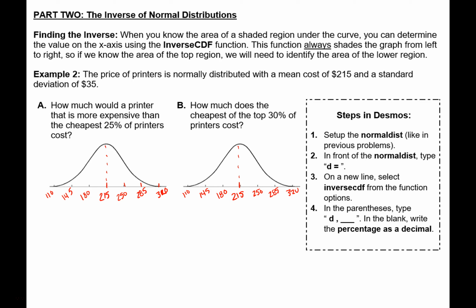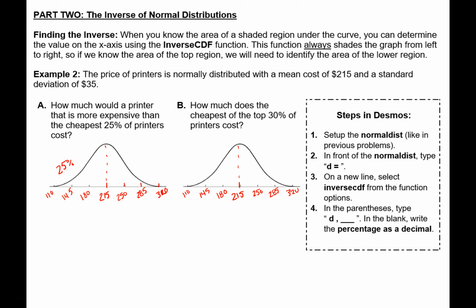So now let's look at the situations. How much would a printer that is more expensive than the cheapest 25% of printers cost? So we know that we're looking at 25%. We want to know where the number for the lowest 25% is, because then we'll know the minimum cost of the more expensive ones.